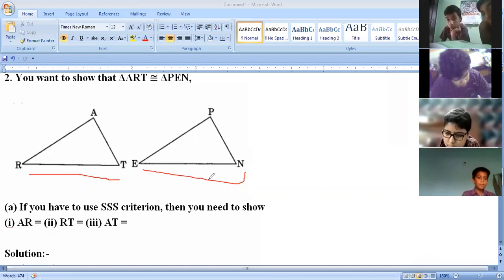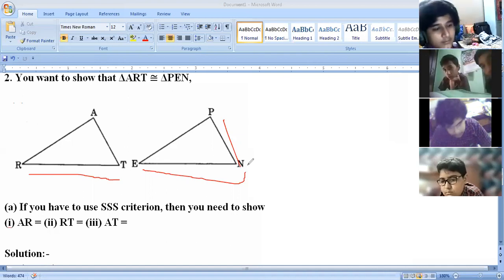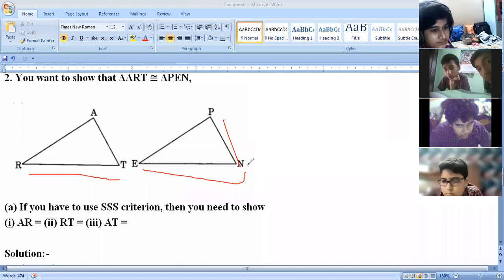Then the next part is PN. PN side will be equal to? PN side will be equal to AT.